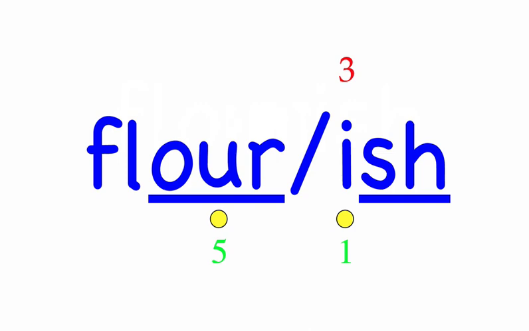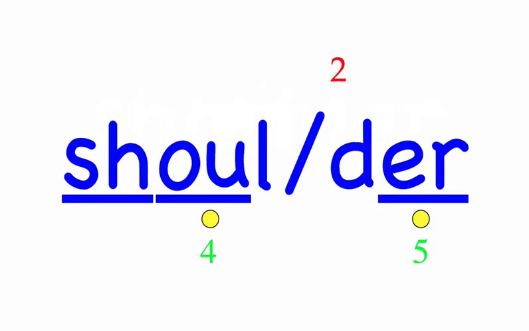And our final row 8. Shoulder. My shoulder hurts from carrying this backpack. Shoulder. Shoal, 3 sounds. Sh, o, ul. Der, 2 sounds. D. Shoulder. Mark the word. Shoulder.